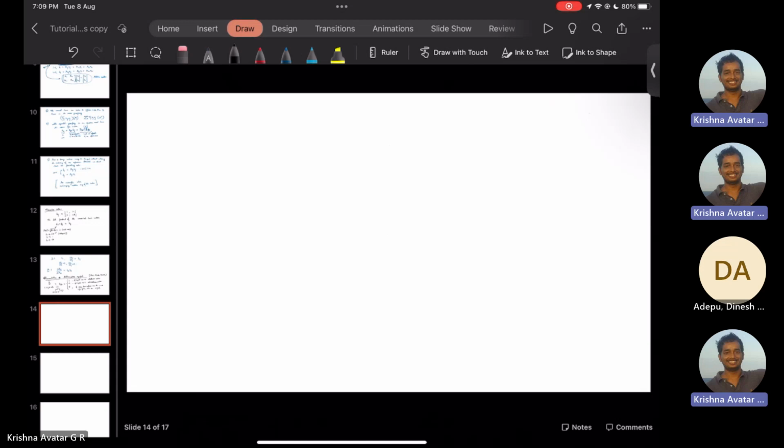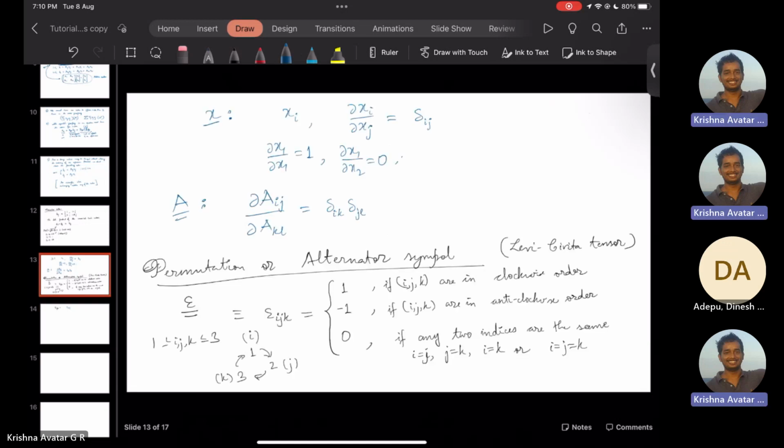Now let's try to understand one property it has. If you are given epsilon ijk, and you change the order of the indices, say you have made it ikj, then this exchanging of the indicial places just changes its clockwise or anti-clockwise order.